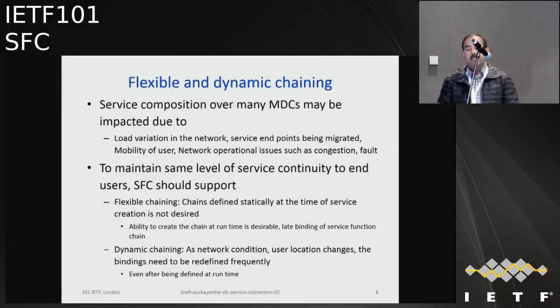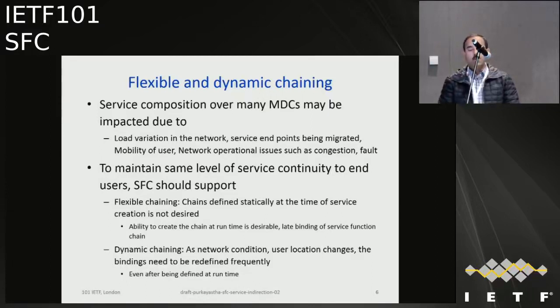So continuing from the previous slide, the service composition over many micro data centers may be impacted due to various conditions in the network. Some examples are load variation in the networks, service endpoints being migrated, and mobility of users.